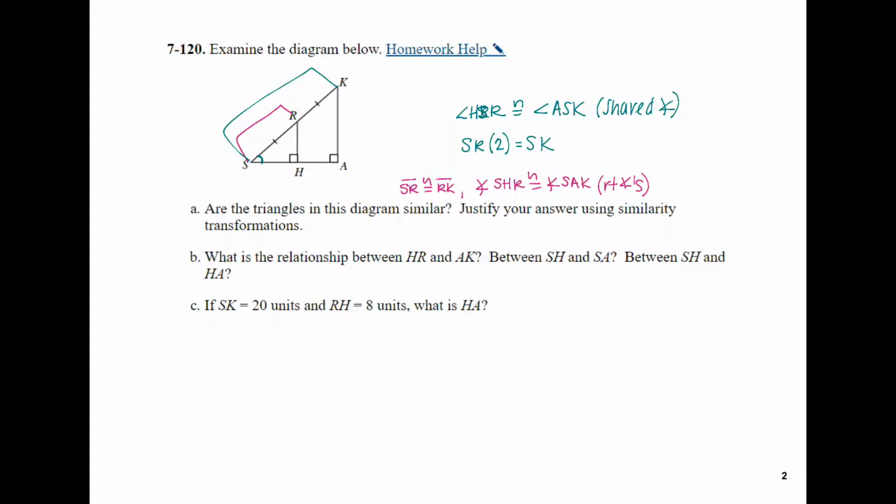So by the definition of angle-angle similarity, we can say that triangle SRH is similar to triangle SKA. It is dilated by a factor of 2.